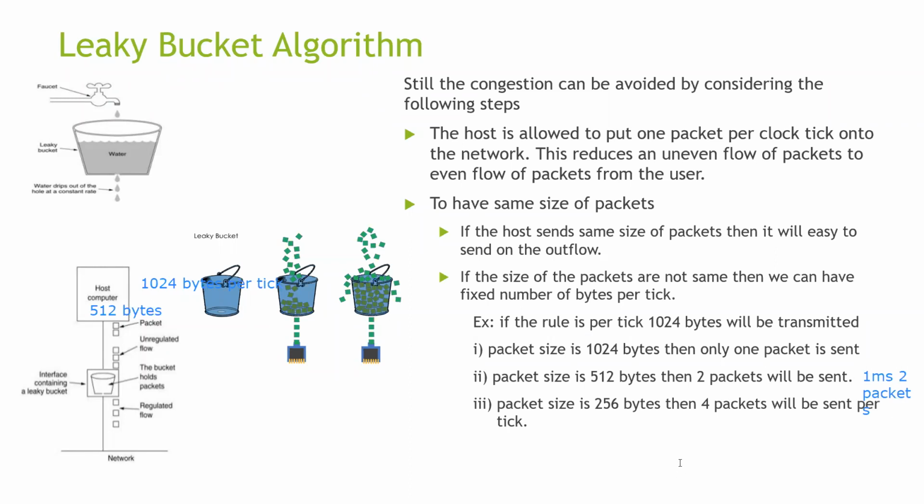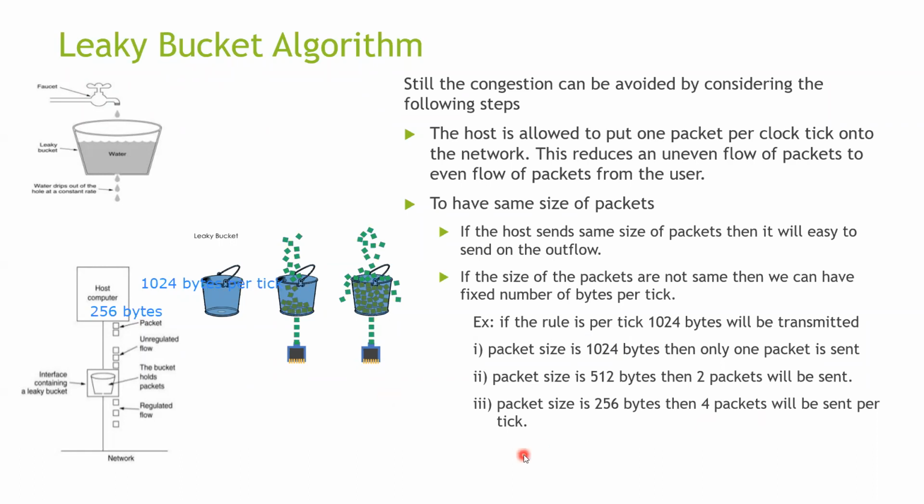Similarly, if we have 256 bytes, then I can send four packets, because 256 plus 256 plus 256 plus 256, if I add them, I get 1024. With 512, two packets make 1024. Here, four packets will be sent per tick.